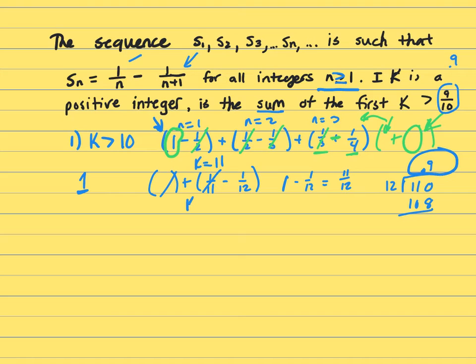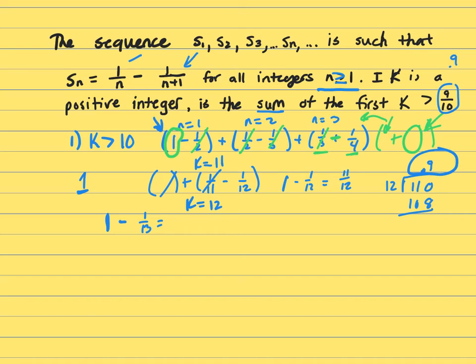Now let's let k be 12. You're going to be left with a 1 minus, what's the very last term going to be? 1 over 13. If I let k be 12, that's going to be 1 minus 1 over 13.